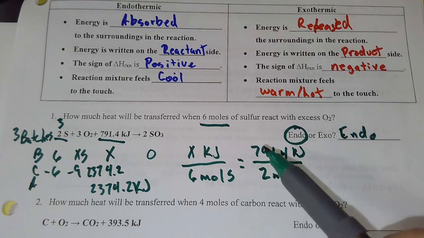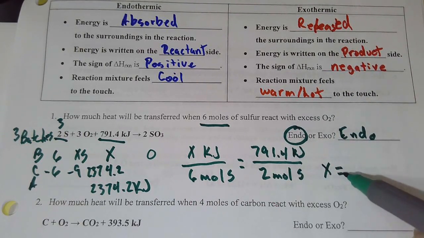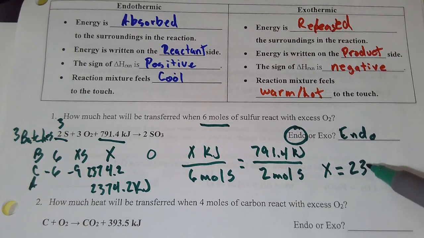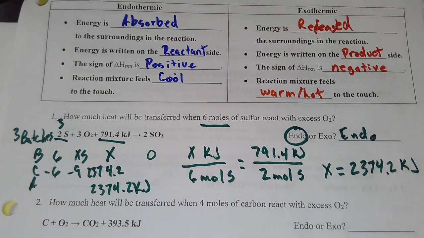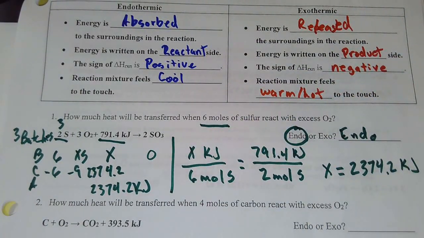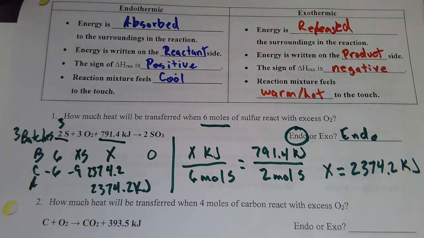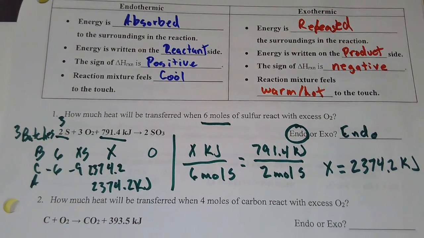So you would take 6 times this, then divide it by 2. The X would be equal to 2374.2 kilojoules. Either way, I'm okay with you finding this. Doesn't matter to me which way you use to find it, as long as you can get to the correct answer and you're showing me how you got it.